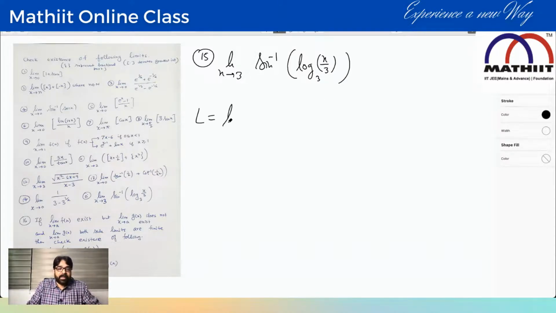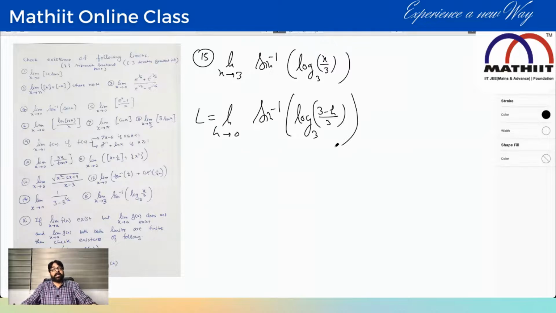Left hand limit, h approaches to 0, sine inverse of log of 3 minus h by 3 base 3. Think carefully. 3 minus h is what?